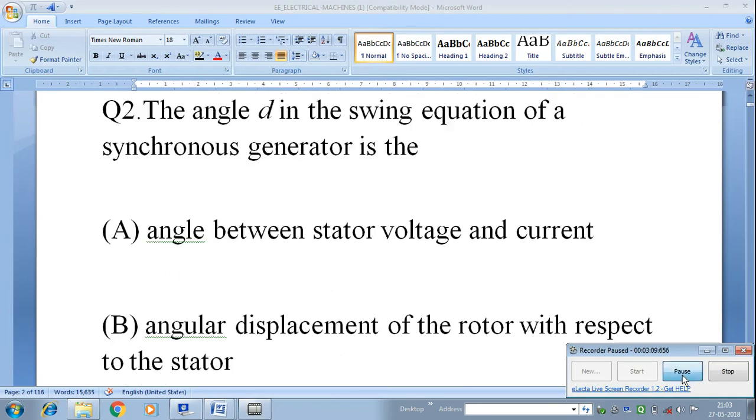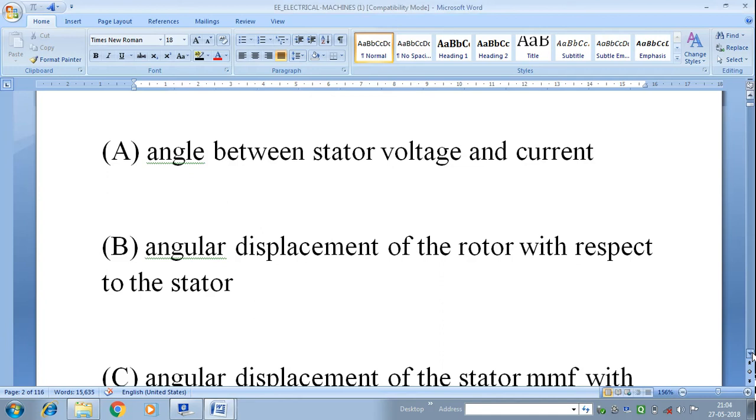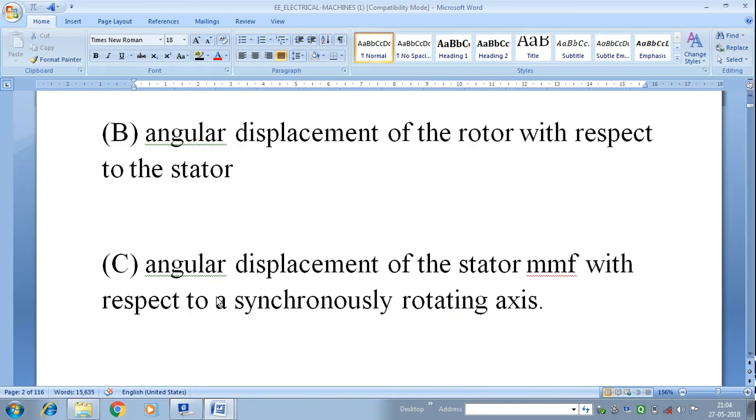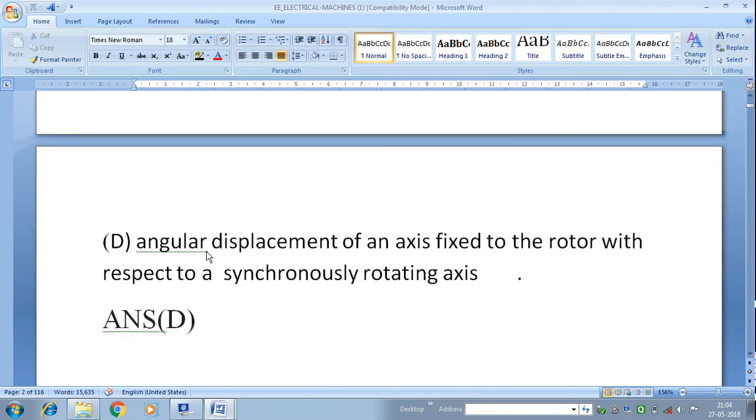So let us see question number 2. The angle delta in the swing equation of a synchronous generator is: the angle between stator voltage and the current; the angular displacement of the rotor with respect to the stator; the angular displacement of the stator MMF with respect to the synchronously rotating axis; or the angular displacement of an axis fixed to the rotor with respect to a synchronously rotating axis.